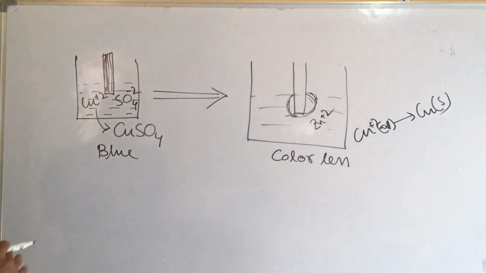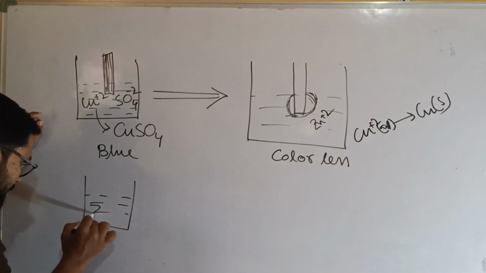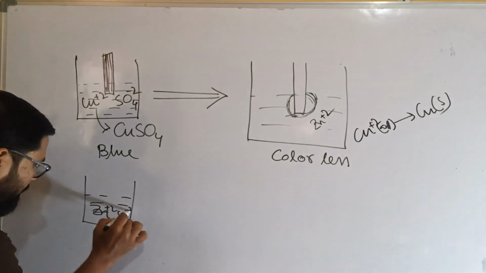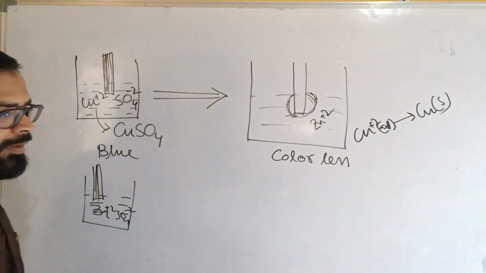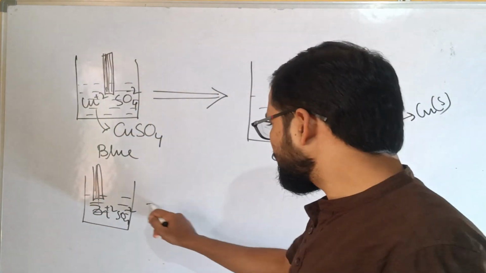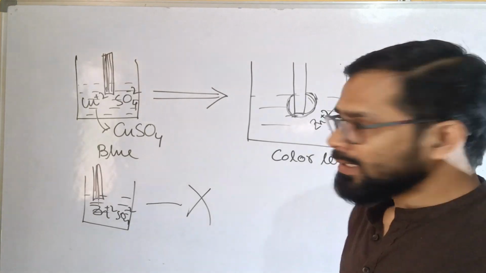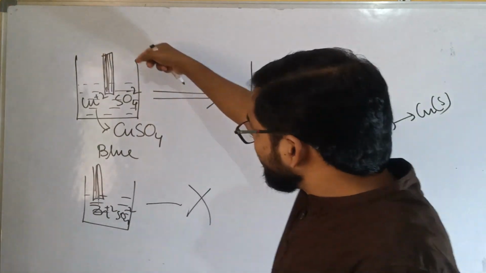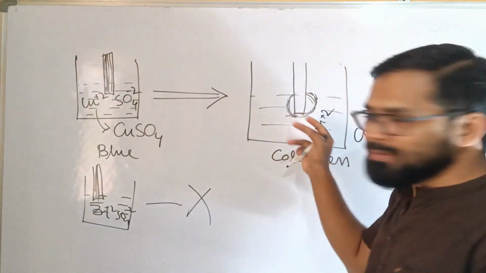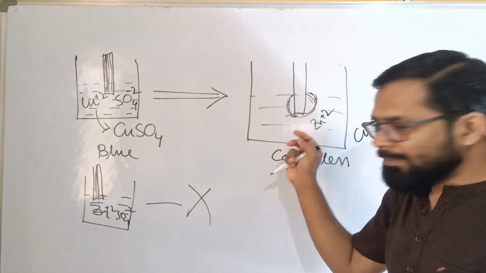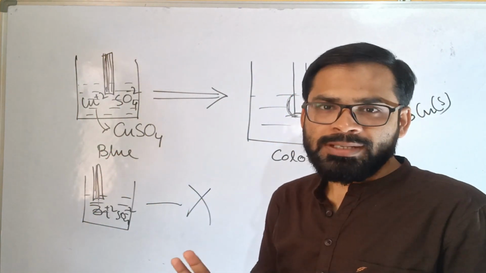If we do the same experiment with a ZnSO4 solution, Zn2+ and SO4 2-, and dip a copper electrode, there will be no reaction. In the case of CuSO4 with a zinc electrode we can observe a chemical reaction, but in the case of ZnSO4 with a copper electrode, there is no reaction.